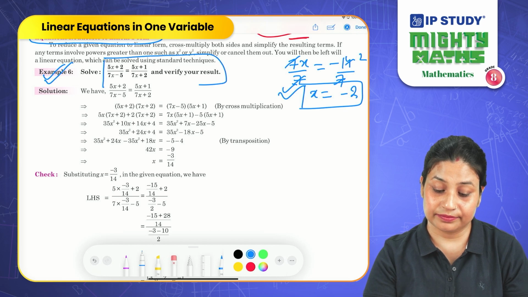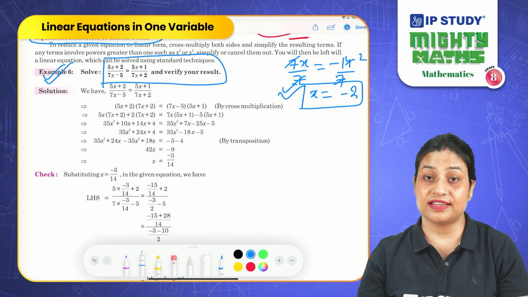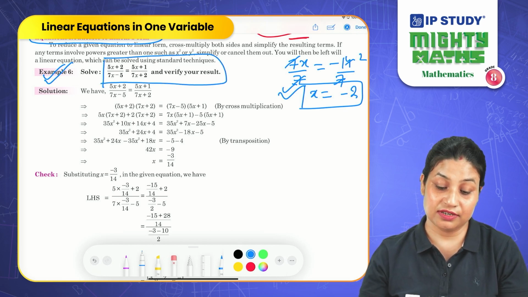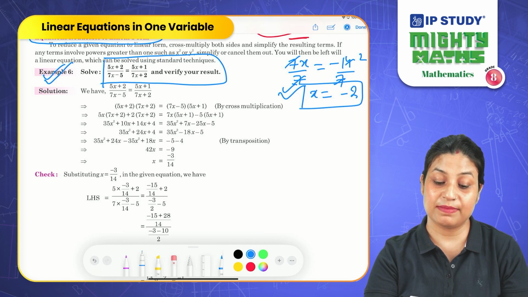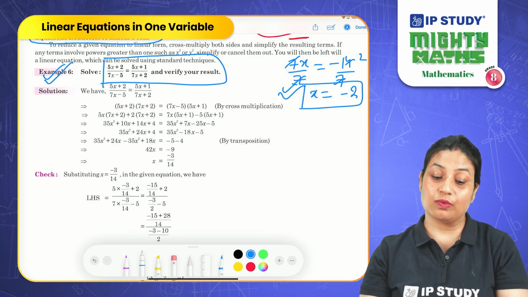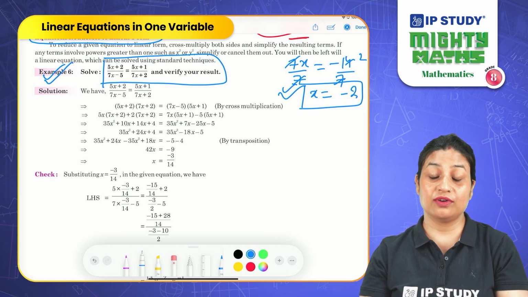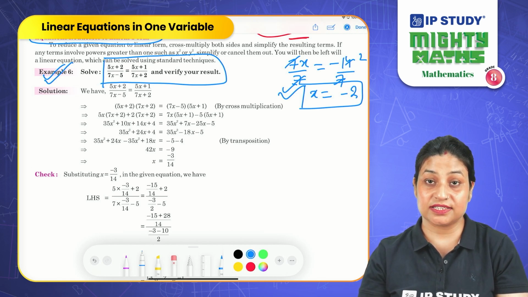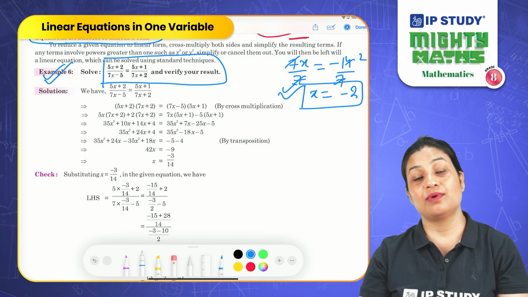Let's see. In this example number 6, we have the equation (5x plus 2) divided by (7x minus 5) equals (5x plus 1) divided by (7x plus 2). Again, though it looks quite complex, we still know how to solve it.